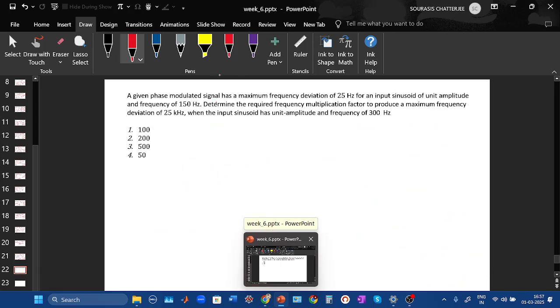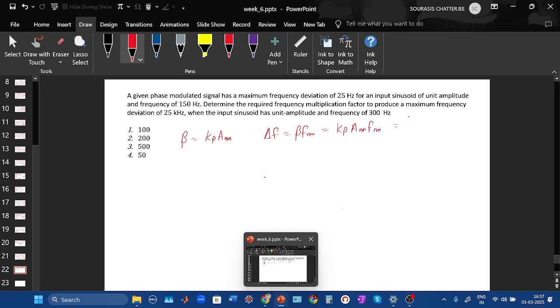We next have this question, which is quite similar to what we have seen, I guess, 2 or 1 questions earlier. So we have again a maximum frequency deviation of 25 Hz for a phase modulated signal. Your beta is going to be kp times am. Am is the amplitude of the message signal, and your frequency deviation is going to be del f, which is beta times fm, kp am fm.